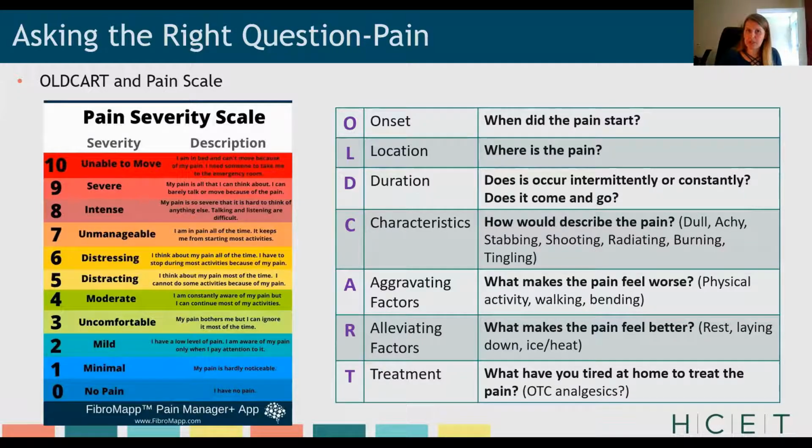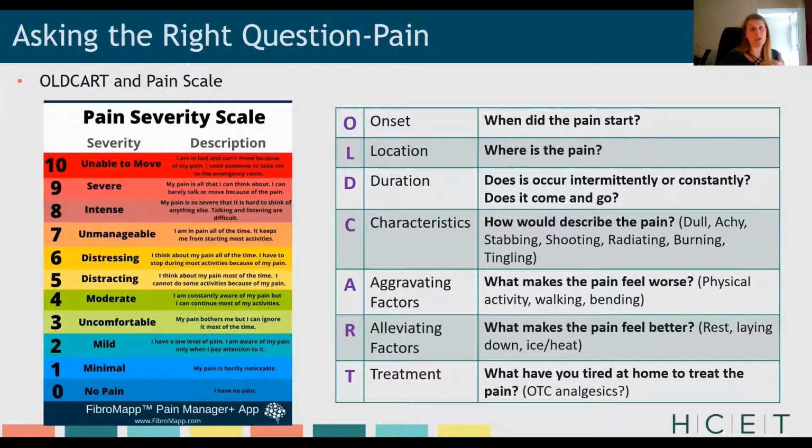The other tool that's very helpful when you need to gather information about pain is the mnemonic OLD CART. It stands for onset, location, duration, characteristics, aggravating and alleviating factors, and treatment. With this, you would be asking questions such as, when did your pain start?